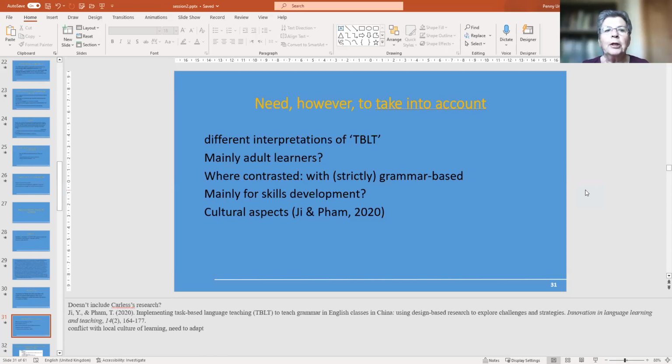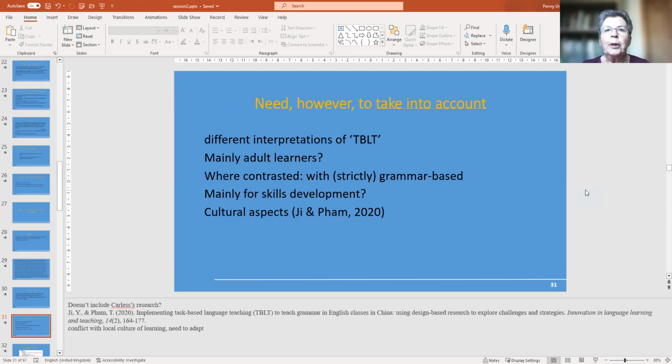A lot of the studies had to do with the development of oral skills, and I think this is one of the very strong points of TBLT, that it does contribute a lot to skills, particularly the development of oral skills, because you're doing a lot of communicative interaction, and therefore the development of oral skills is likely to be developed well.